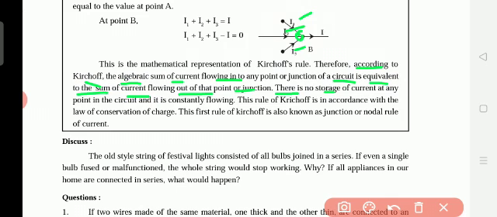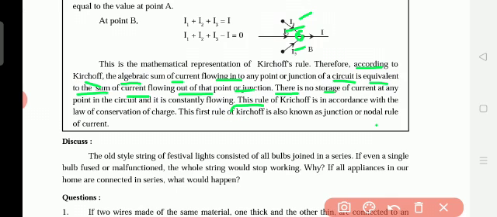Anywhere in the wire, in the circuit, current is not stored. If current were stored, we could have current even after the supply is cut, but here there is no storage of current in the circuit. Always the flow of current will be there.